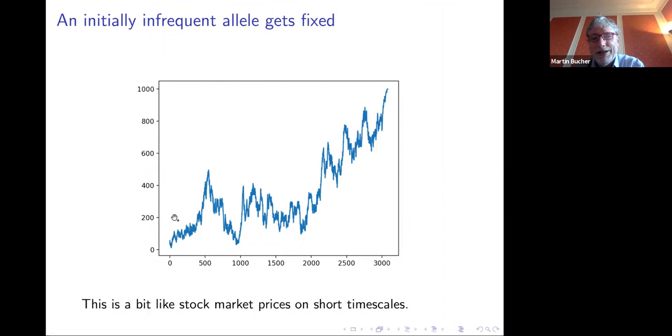And here you see that you start with an allele that is just 50, so 5%, and through the random walk, the fraction evolves, and then when it hits 1,000, the size of the population, it fixes, it sticks.